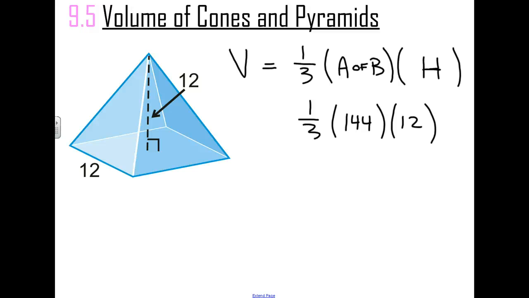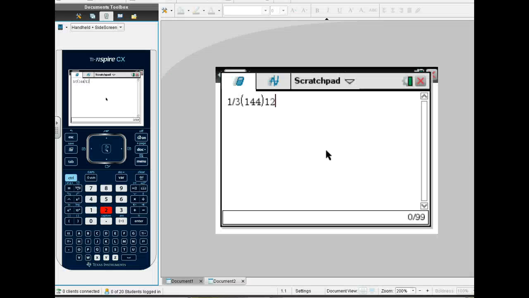And I would just suggest you type all that right in your calculator in one calculation, just like this. You have a big fancy calculator now, so you can use it.